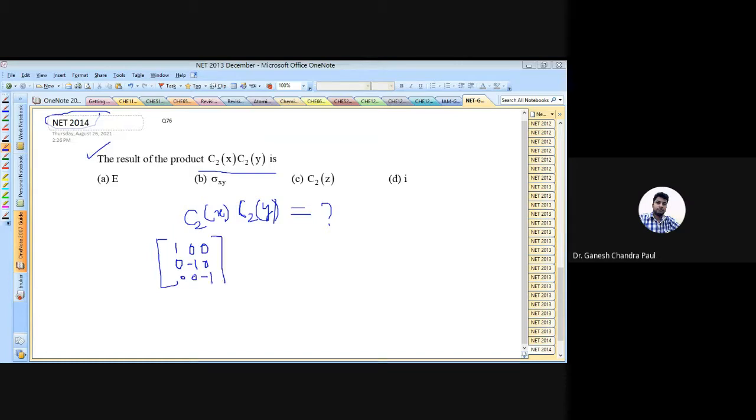Yes, this is the matrix representation of the C2x axis.